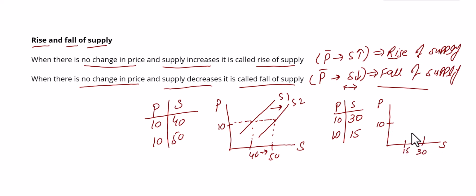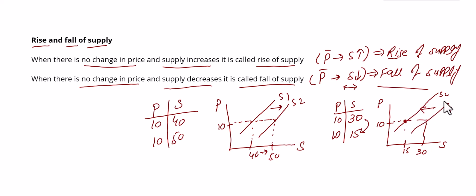So the first supply curve is S1 here and the second supply curve S2 is here. At rupees 10 there are 30 units available in the market for sale. Now at price 10 there are only 15 units available for sale. There is no change in price but supply decreases from 30 to 15. So this is called decrease in supply or fall in supply.